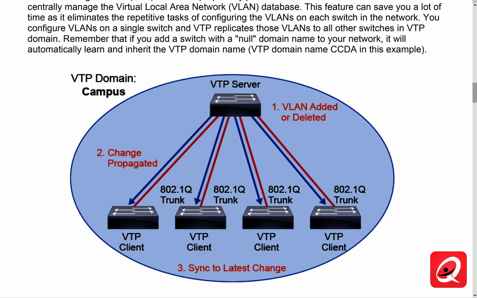A switch that belongs to the null domain, meaning the domain is not set, will automatically join the first domain that it sees. So I can go back to my host now. I can open up my Yersinia application, which also allows me to generate VTP messages. And I can push out some VTP messages from my host with a domain name set, and the switch will automatically join that domain.